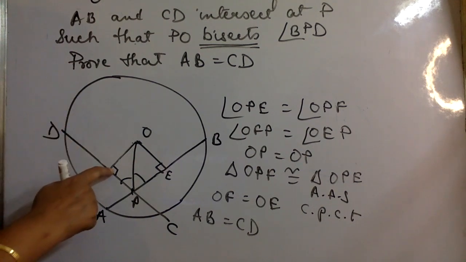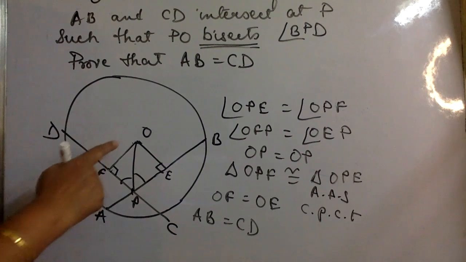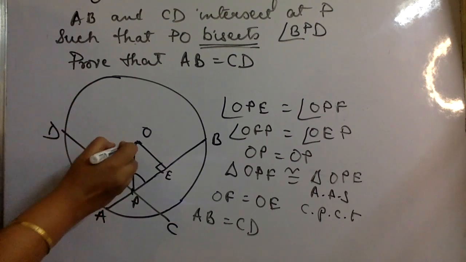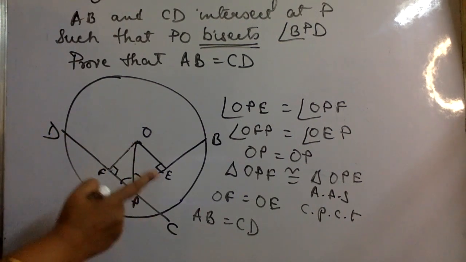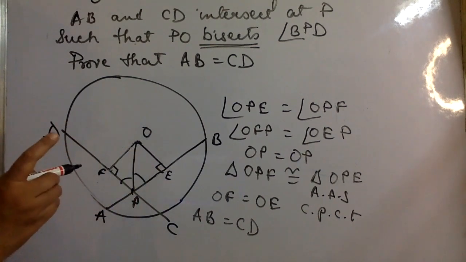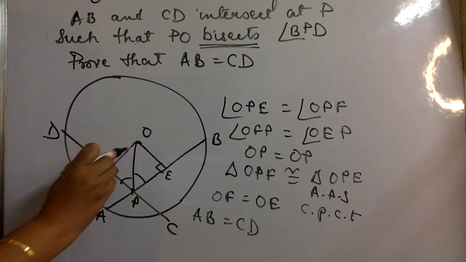Remember, any 90-degree line, any perpendicular line always gives the distance. The line which is showing the distance is only OF or OE. OF is the distance for CD from the center. For AB, the distance from the center is OE. Only the line which is perpendicular will give you the distance from the center.